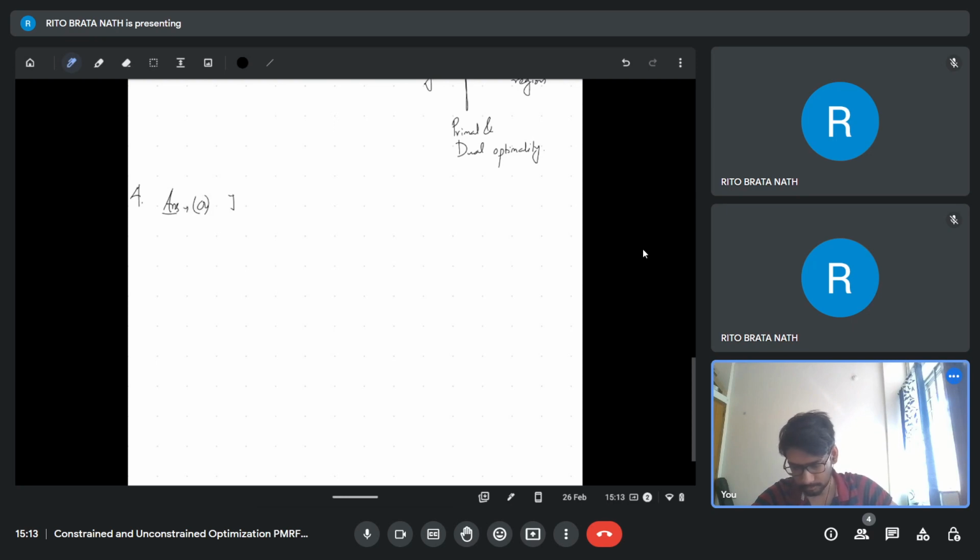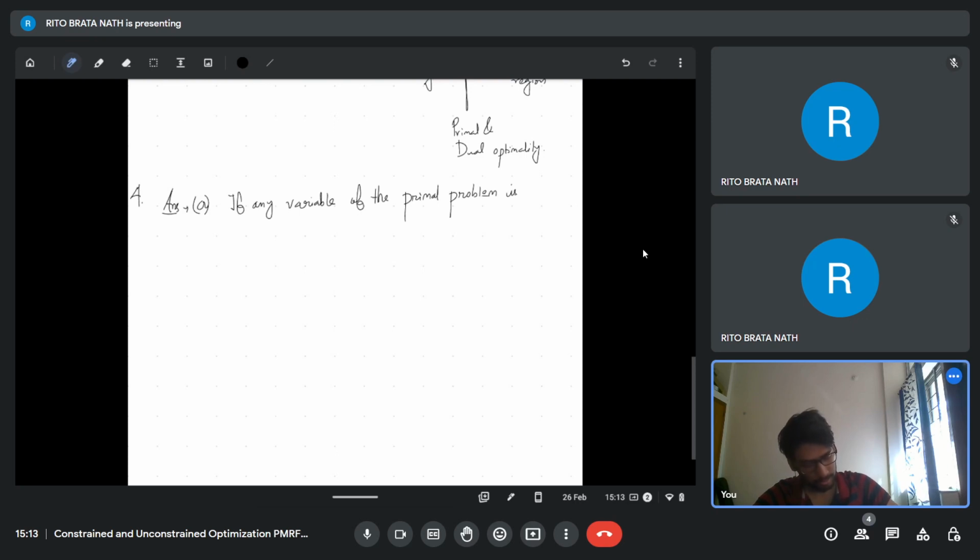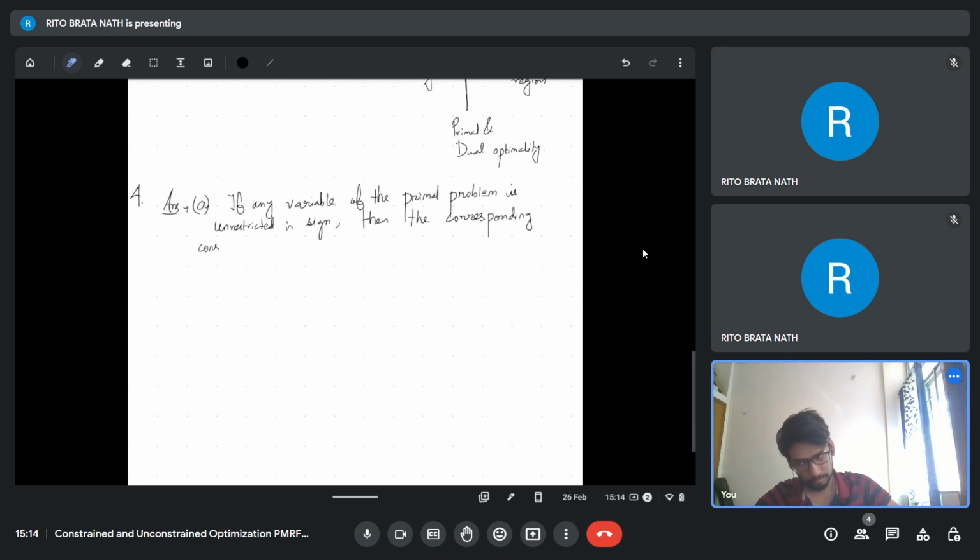A is: if any variable of the primal problem is unrestricted in sign, then the corresponding constraint of the dual is an equality.